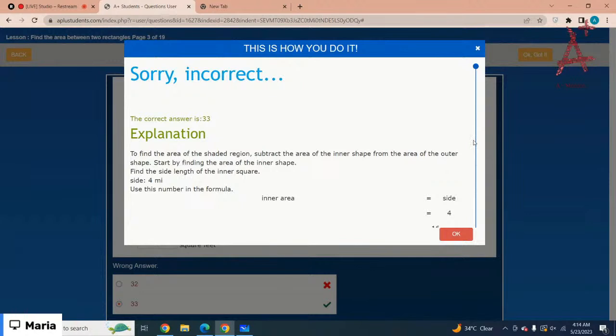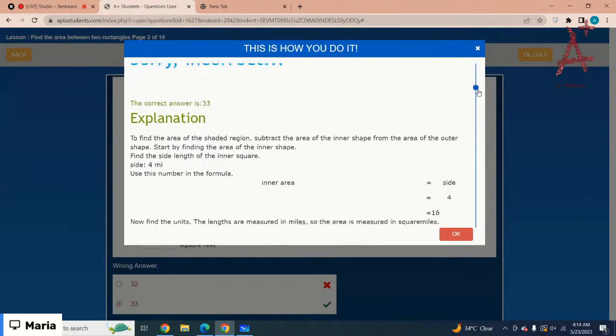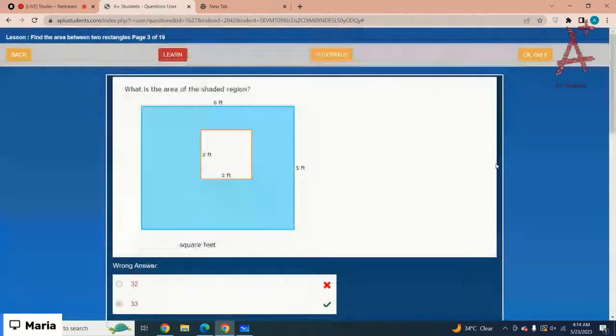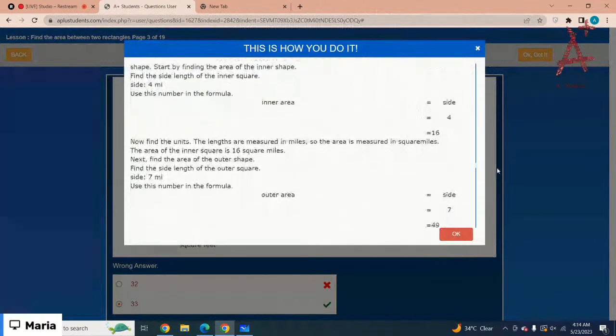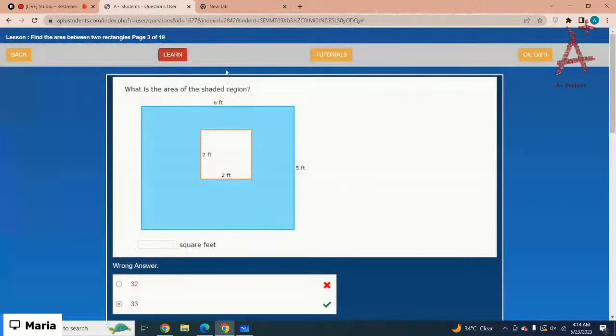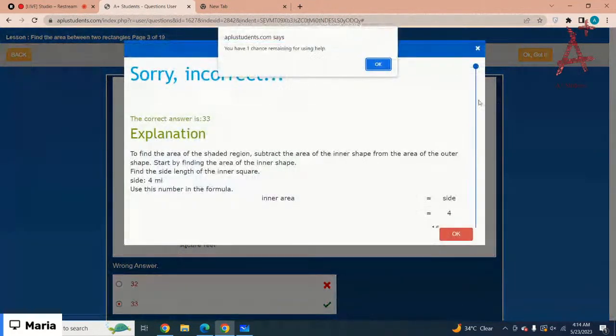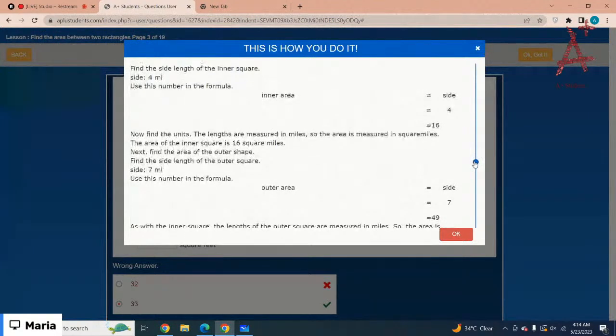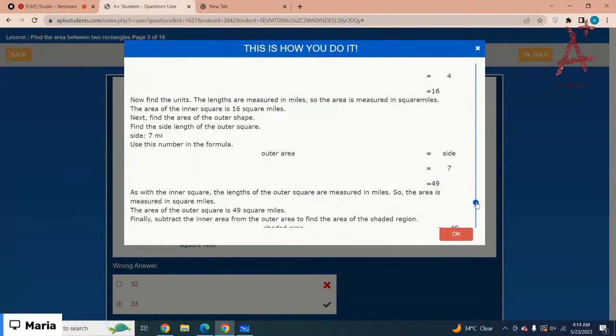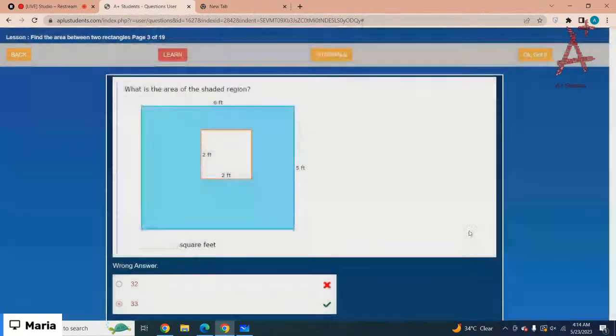Okay, the area of the inner shape is 4. Now the lengths are, I don't know what's wrong with the question. Move on.